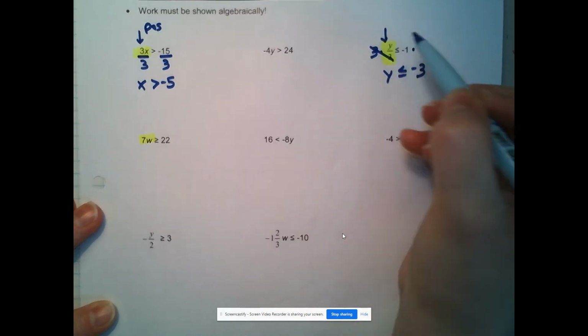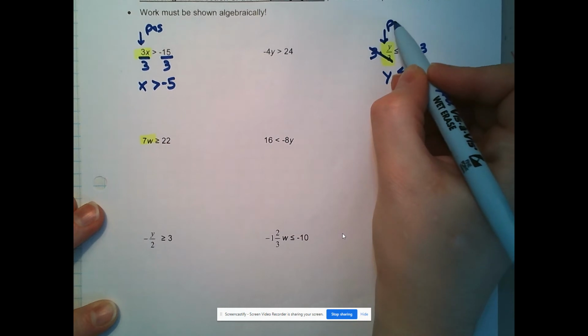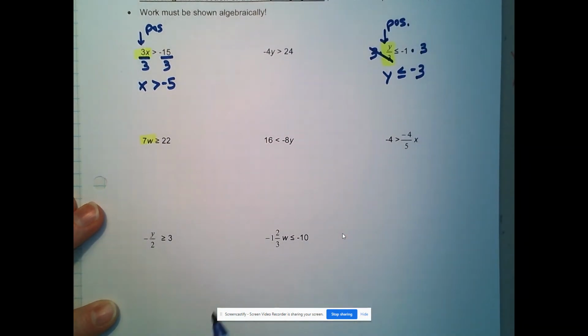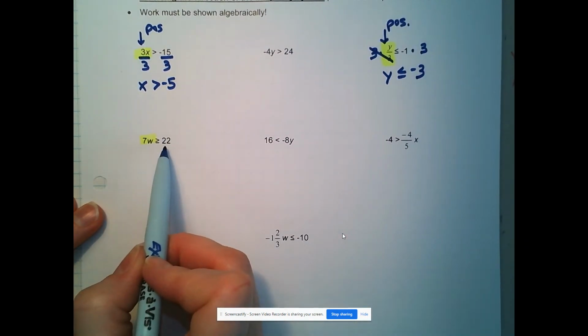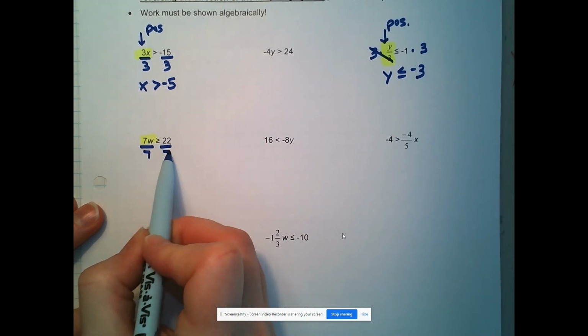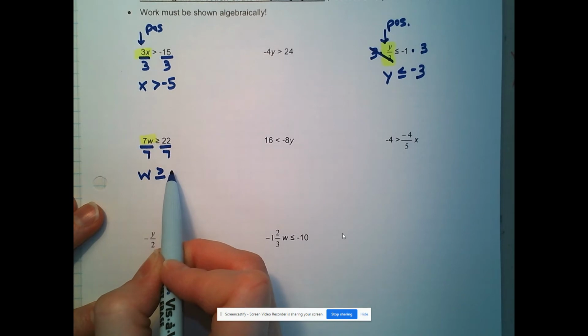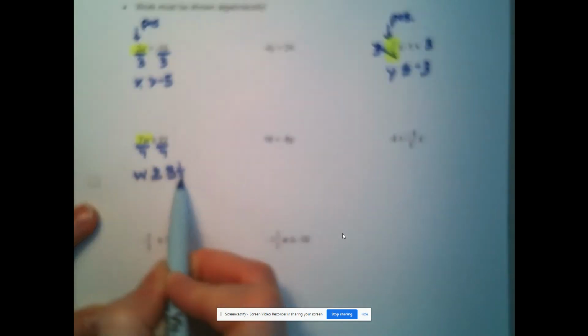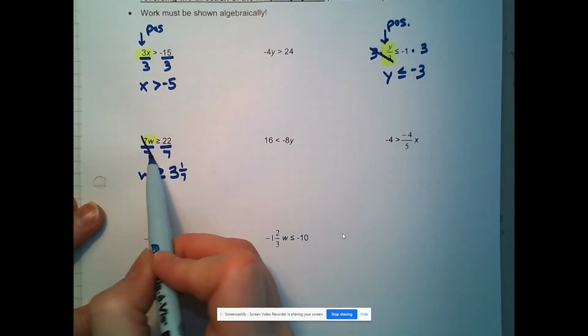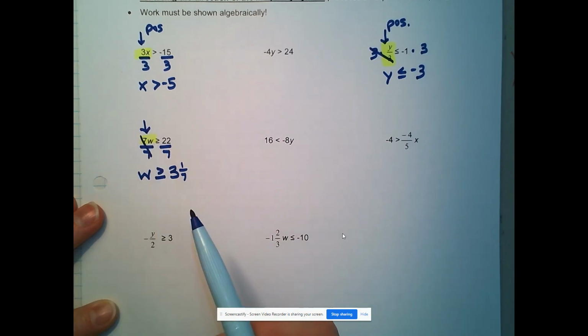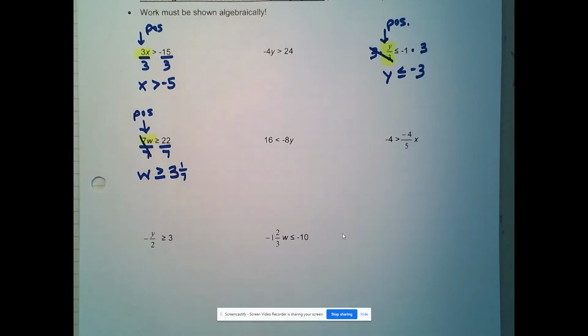The number on the side with the variable was positive. 7w is greater than or equal to 22. Divide by 7, divide by 7. w is greater than or equal to 22/7. You can leave this as 22/7 or you can also do 3 and 1/7. They're both going to work. But the thing that matters here is that the number on the side of the variable was positive. So all of those are straightforward, no big deal.